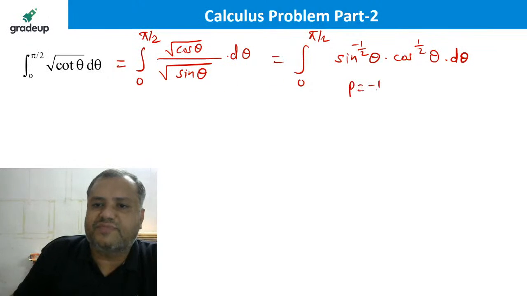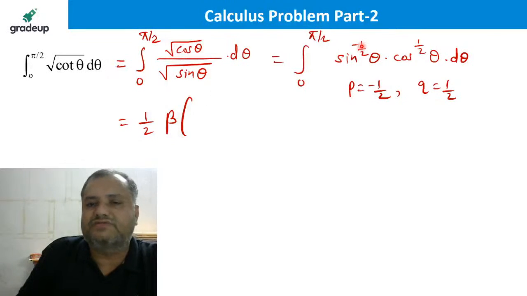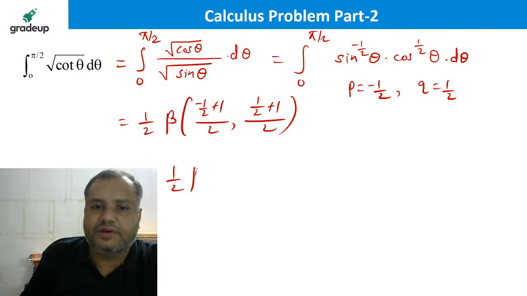So the value of p is minus 1 by 2, q is 1 by 2. So what is the property? 1 by 2 beta function of p plus 1 by 2, that is minus 1 by 2 plus 1 upon 2, and q plus 1 by 2, that is 1 by 2 plus 1 upon 2. So this can be written as 1 by 2 beta function of 1 by 4 and 3 by 4.